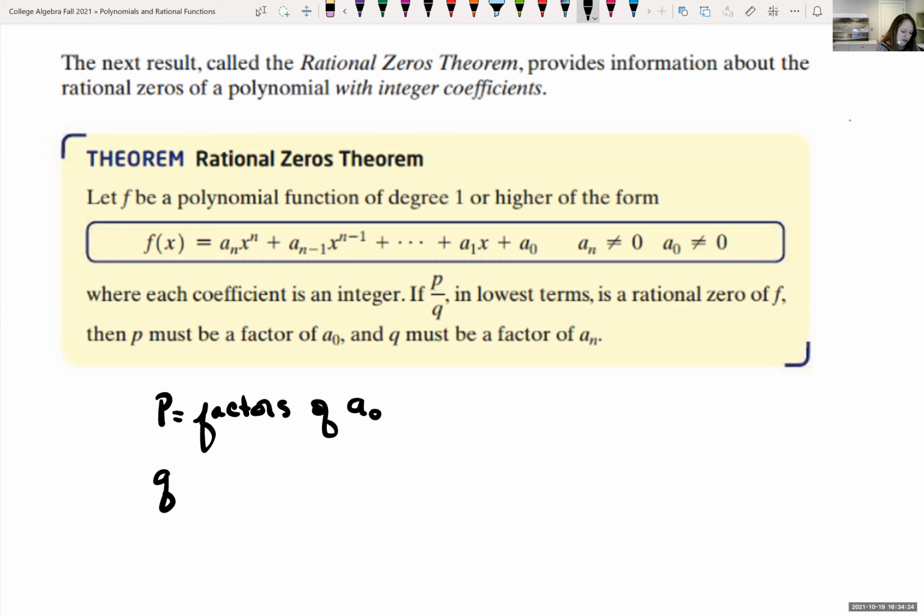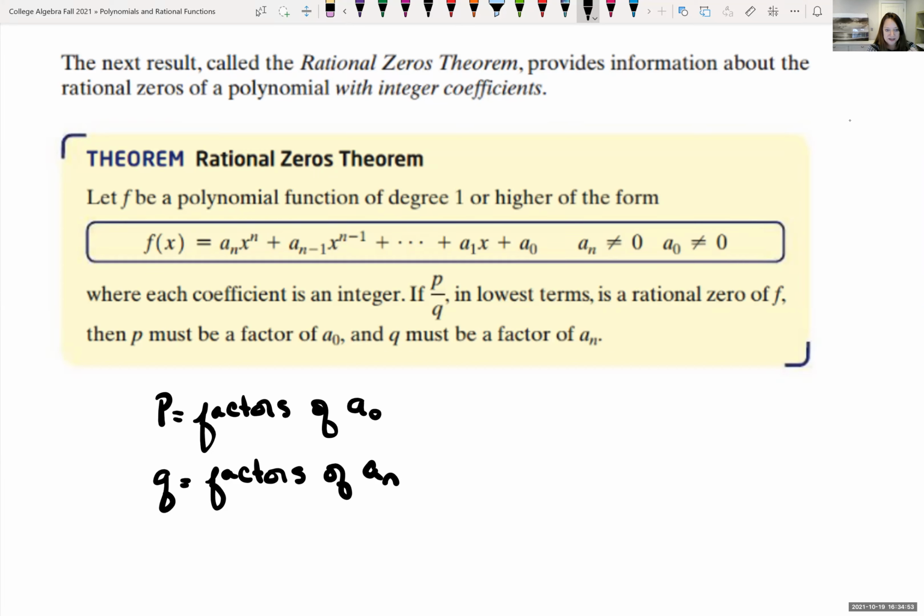And q, these are factors of our leading coefficient, a sub n. So what this is saying is, if I look at each factor p of a sub 0 and put it over each factor of my a sub n value, if I have a rational zero, it has to be one of those.